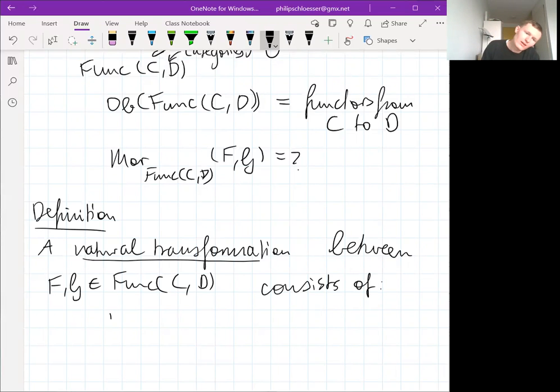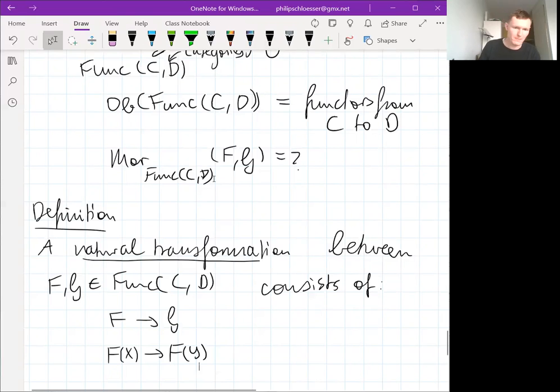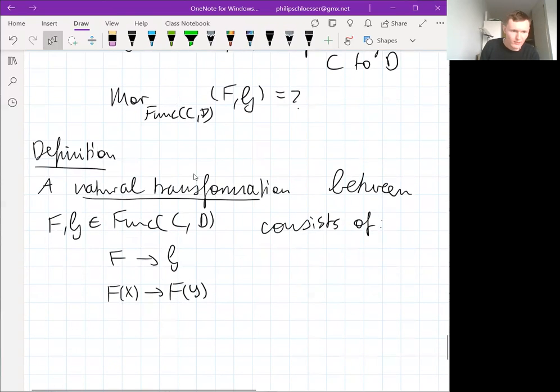So if we want to map from F to G, we really only want to know what we have to do on the objects of C. So we really want, for every object X in C, a morphism.